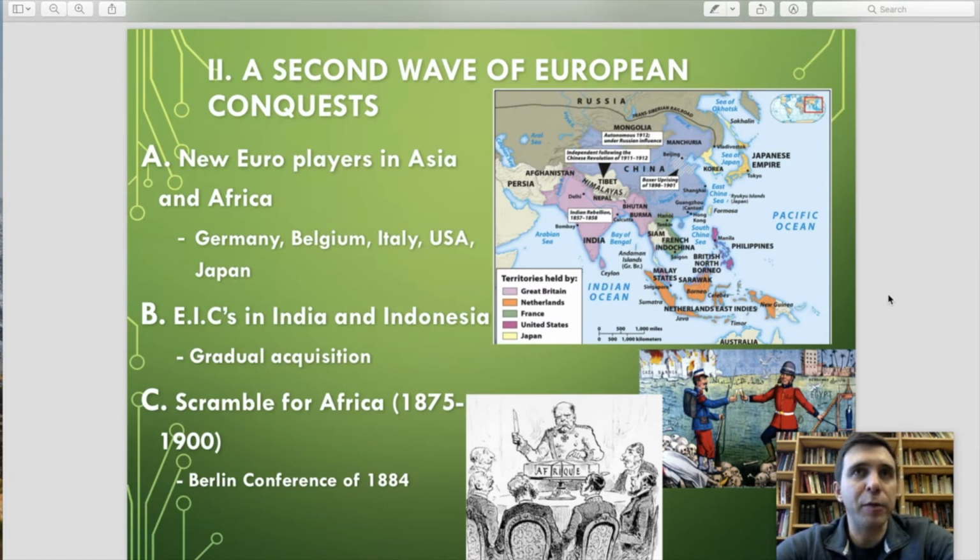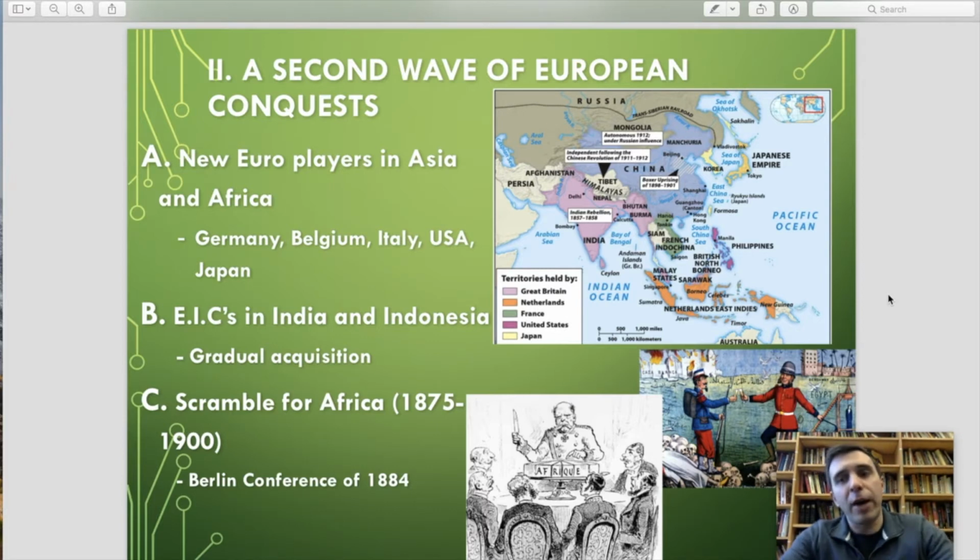However, it's not the same who's who in terms of European or Western countries oriented in this imperialism side of things. A few have dropped off, so to speak, and some have joined the fray. When we look at our previous time frame of 1450 to 1750 of colonization of the Americas, we talked about Spain and Portugal as being some of the earliest and best in terms of encapsulating that period.